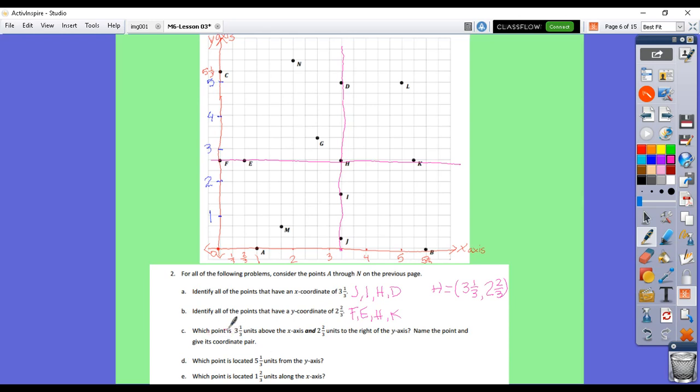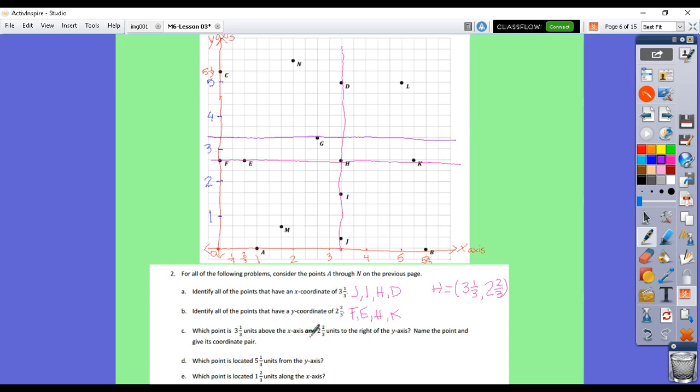Which point is 3 1/3 units above the x-axis? So here's my x-axis. It wants us to go 3 1/3 units above. So 1 unit, 2 units, 3, here's 3 1/3. So I'm going to just draw that line there. Here's 3 1/3.